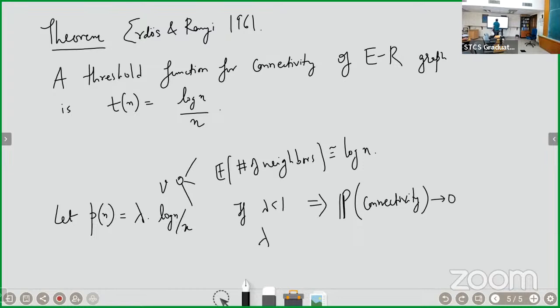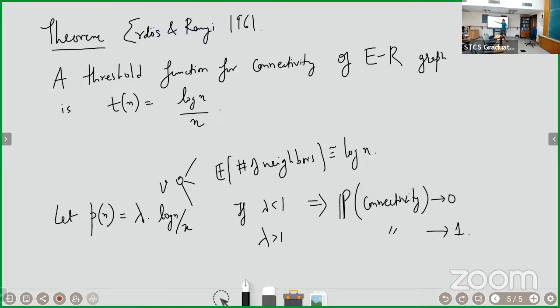If lambda is greater than 1, it goes to 1. Very sharp. Typically, you don't get these nice sharp results. All I'm saying is that you pick P of n as some constant times log n by n. If the constant happens to be smaller than 1, you can't have connectivity with probability 1. If the constant is slightly greater than 1, any number greater than 1, your connectivity probability is 1. Which is a stronger statement.